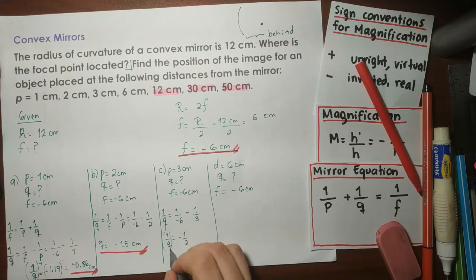So the reciprocal of this is going to give you Q equals negative 2 centimeters.